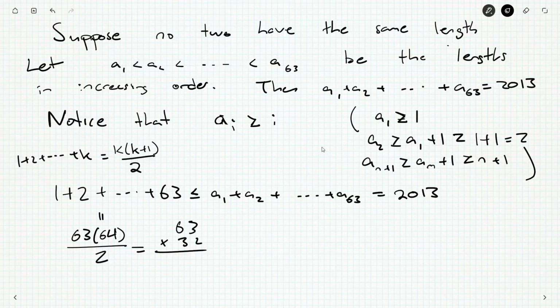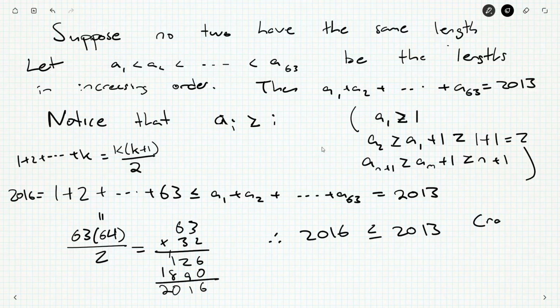63 times 32. 126, 0, and then a 9 and a 1, 8. So that's going to be 6, 1, carry the 1. So 2016. So that tells me 2016 is less than or equal to 2013. And that is crazy. Or more accurately, we say this is a contradiction.